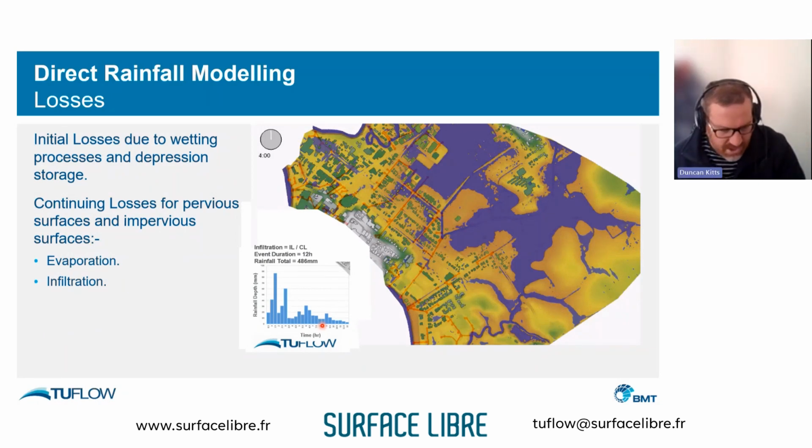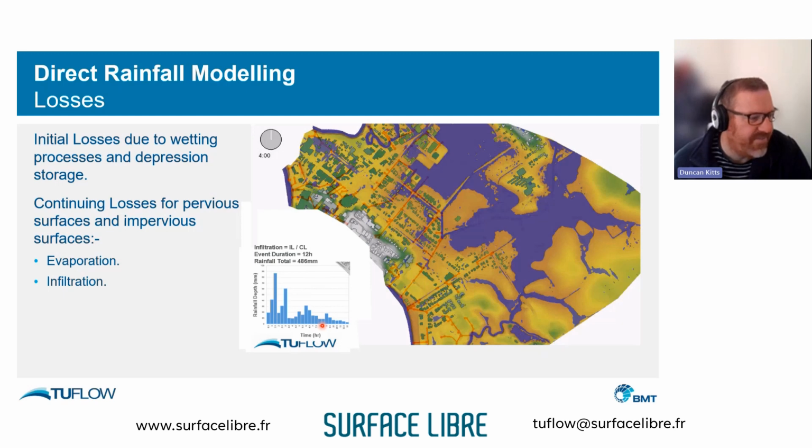Quite often you have a hot urban surface, and as rainfall falls onto it, the first bits of rainfall are actually evaporated because they cool the surface. So we have those initial losses, and then we have those continuing losses, which represent both evaporation and infiltration.